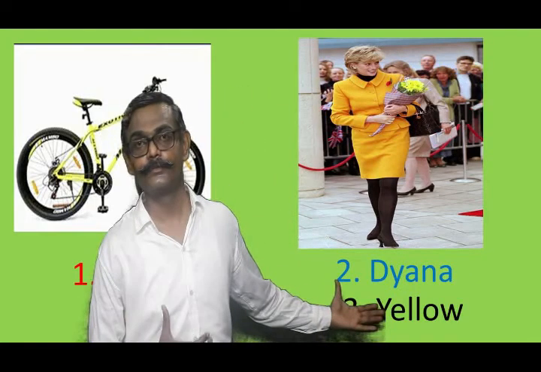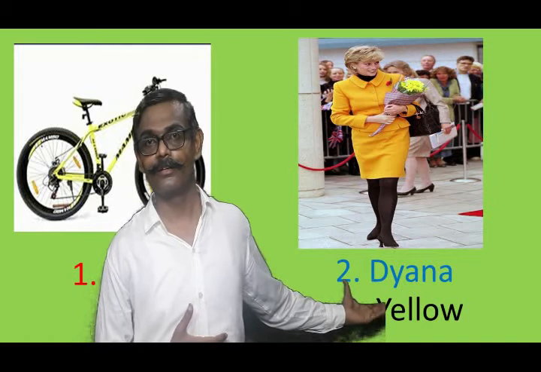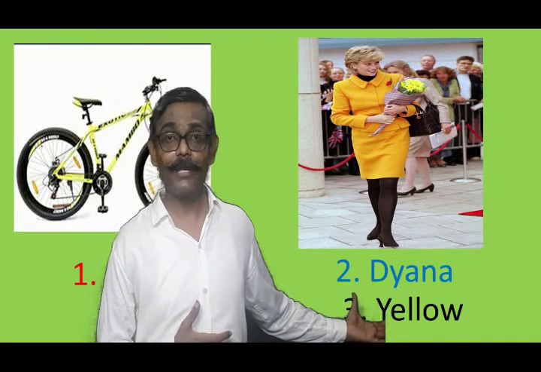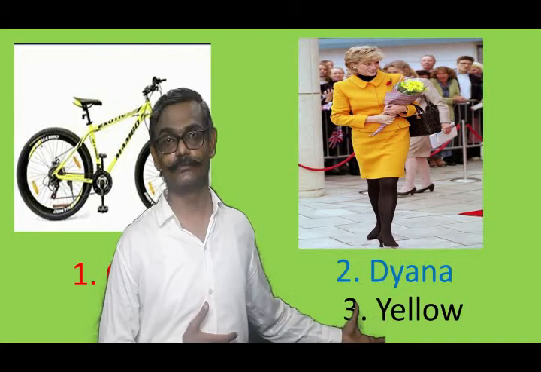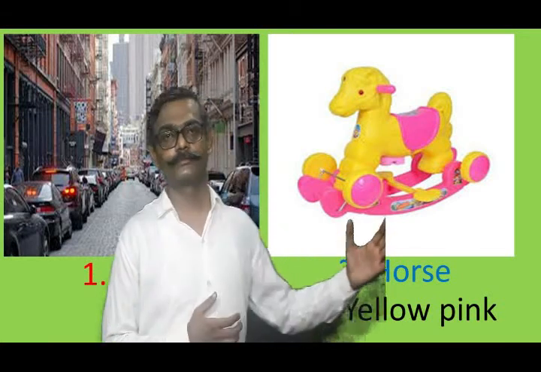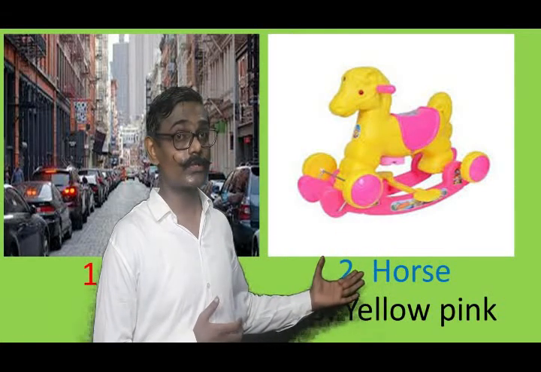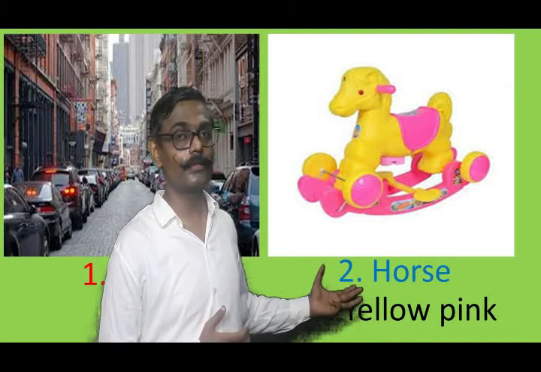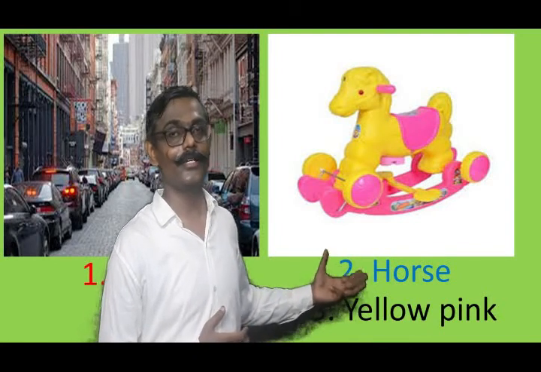And here, Princess Diana. And color added, yellow. Which element? Dysprosium. Diana, dysprosium. 67, CT, city. Horse, Ho, holmium. Color pink and yellow.